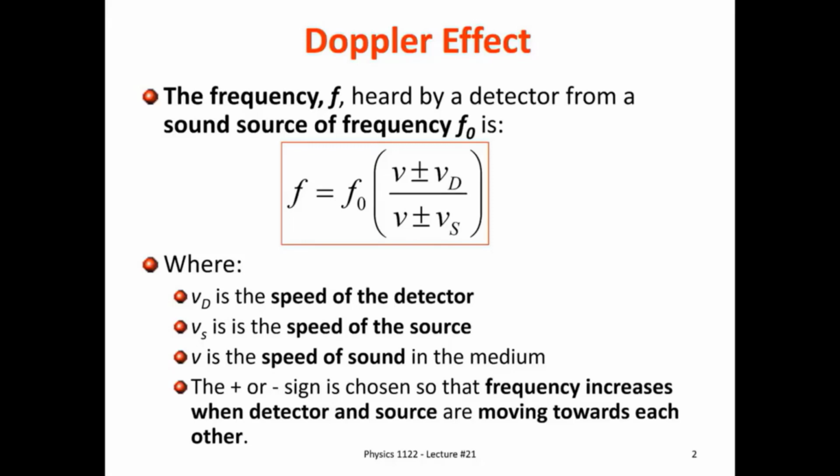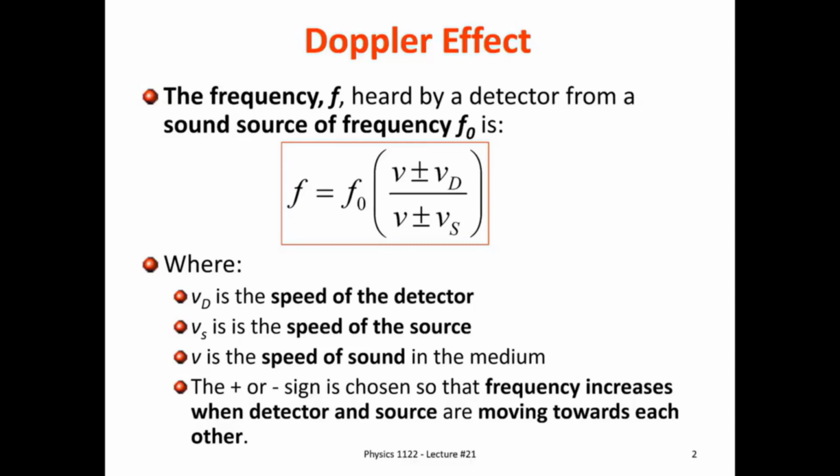So now that we have a feel for what the Doppler effect represents conceptually, we want to introduce a quantitative formula to calculate the value of the frequency that we obtain when either the source is moving away from us or towards us. And also, we can get a similar type of Doppler effect occurring when the detector or the observer is moving relative to the source.